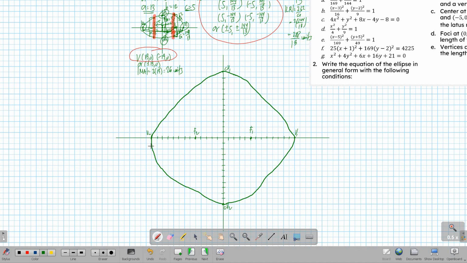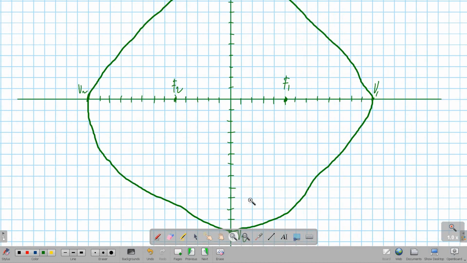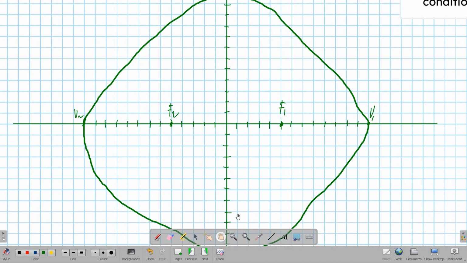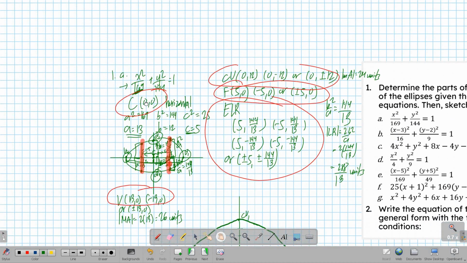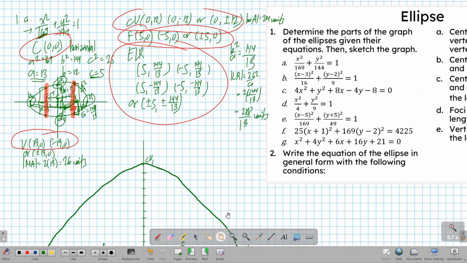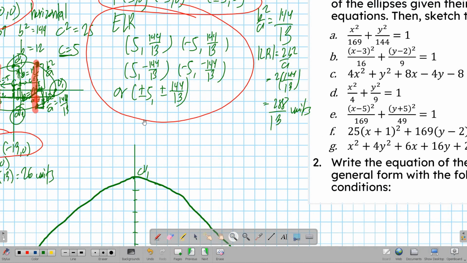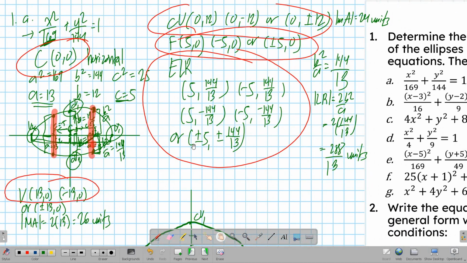It doesn't look like it's perfect. So this here is the sketch, and these are the parts. There you go. These are the parts of the equation x squared over 169 plus y squared over 144 equals 1.